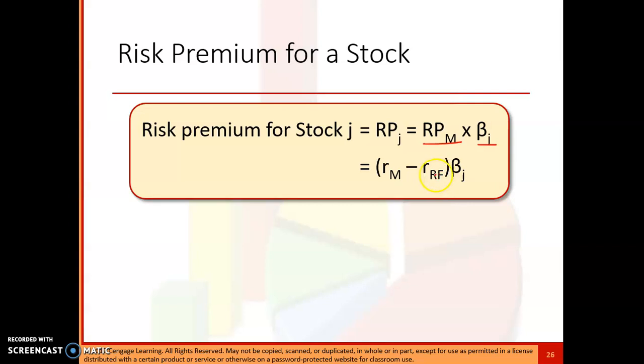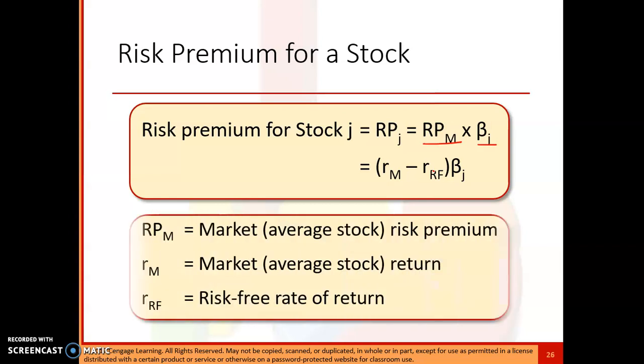We're beginning to get into the components of the capital asset pricing model. So the market risk premium is the market average stock risk premium, R sub M is the return on the market, the average stock return, and R sub RF is the risk-free rate of return. In most cases, we use treasury bills for the risk-free rate of return.